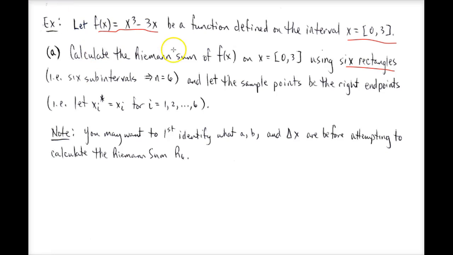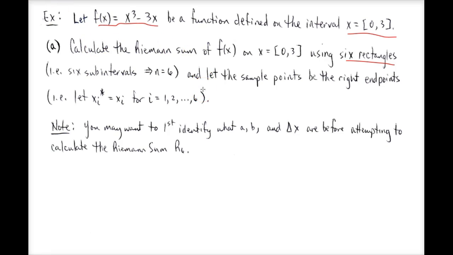All right, so let's first go ahead and find out what the approximation, or the estimate, of the area under the curve of f of x is when we use only 6 rectangles. So the first thing we want to do, since we're using right endpoints to sample, is figure out what our delta x is, and what our subinterval endpoint values are.